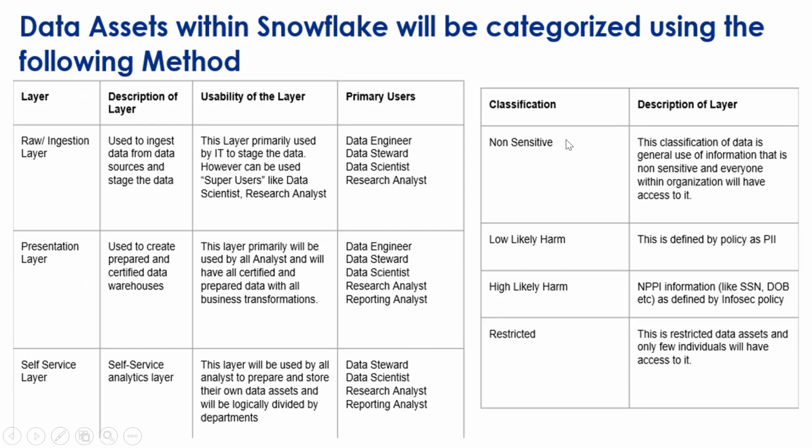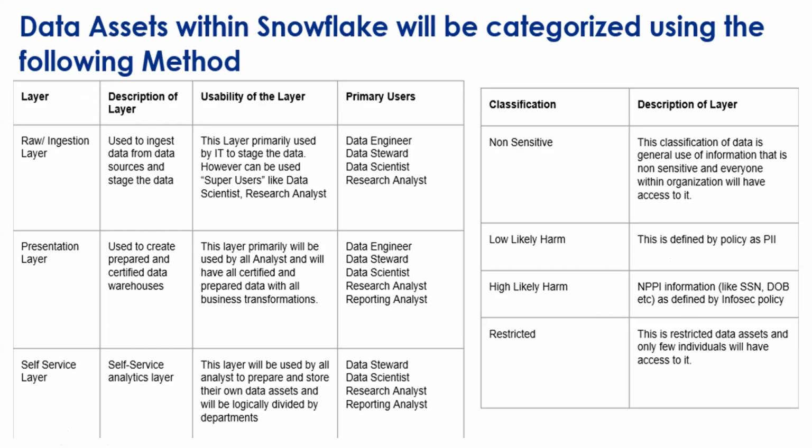And about data, I was mentioning the classification of data: non-sensitive data, low likely harm, high likely harm, restricted, like that. And you need to decide. See, high likely harm, you might have already seen this kind of data like SSN data, all will fall under this high likely harm data. Low likely harm like PII data, personal data like phone number, email.